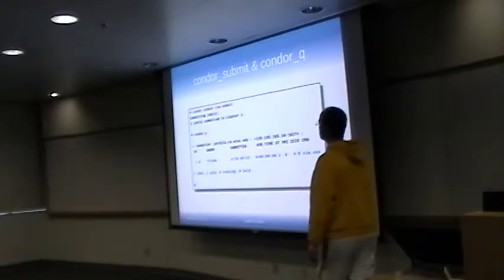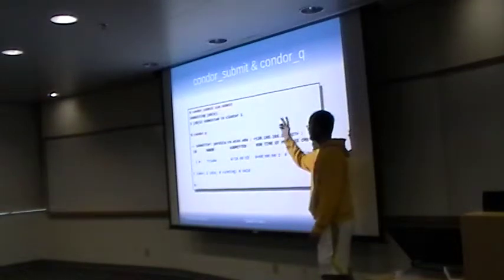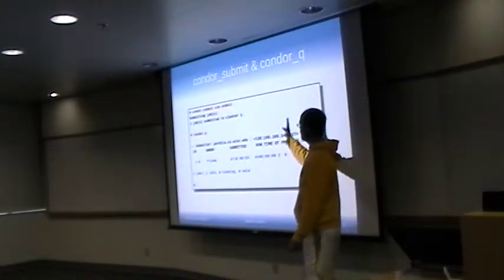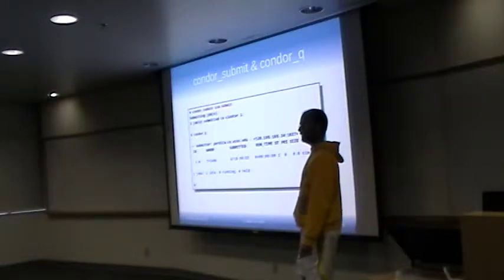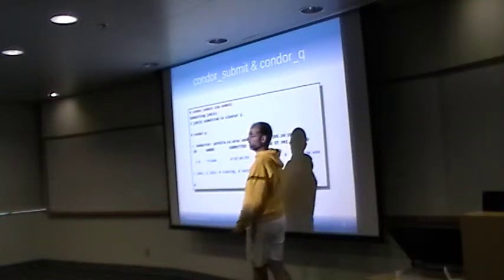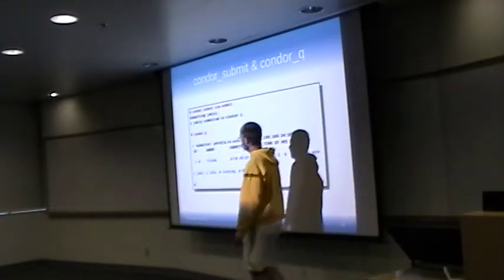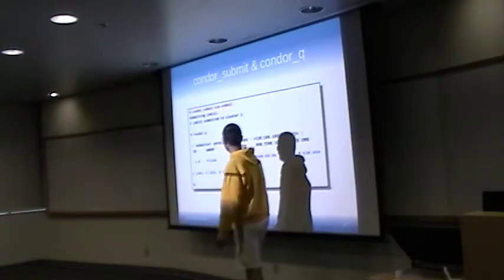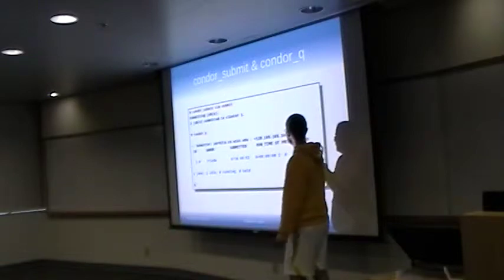Once you have it, run condor_submit your file. In this case, we call it sim.submit. And Condor takes it into its hands and says, done, I have it, and this is the cluster ID. You can use condor_q to see what's going on with the job. And if you do condor_q, you see that it's in the queue.